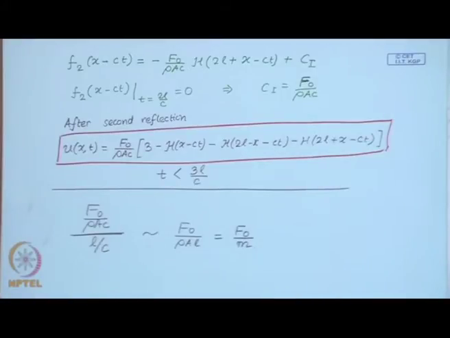So, what we observe is that the mean motion of the bar is what we obtain as the impulsive start of a particle or a rigid body. But inside, as we now know, it is not a steady motion with speed f naught over m, but a transient motion.